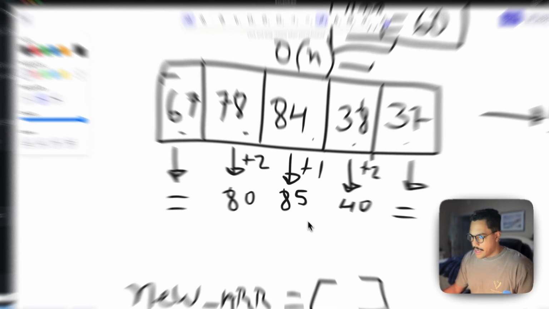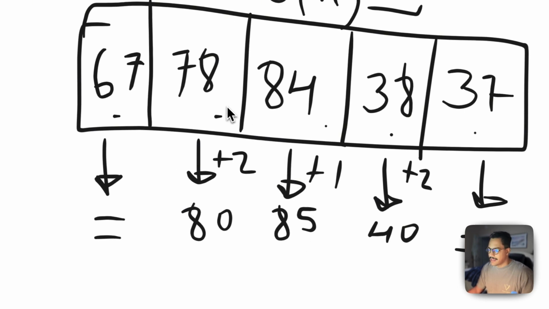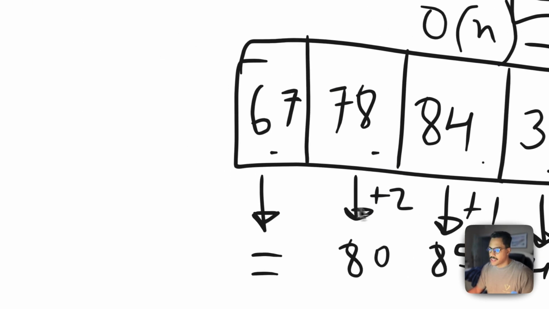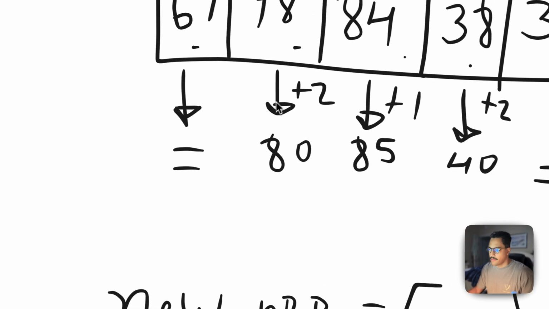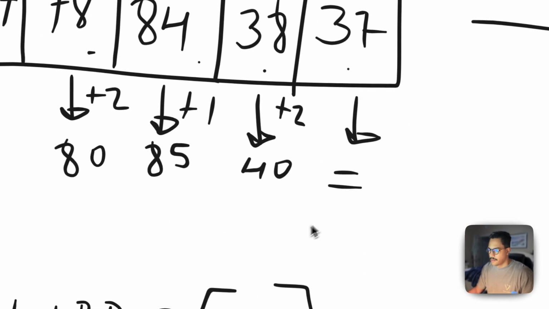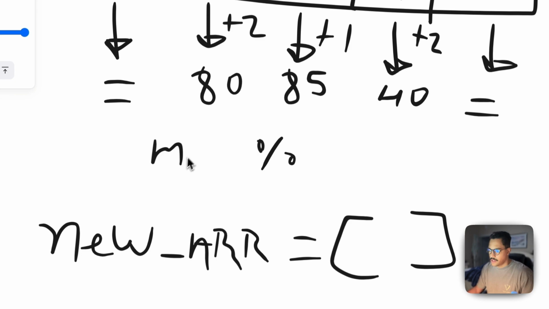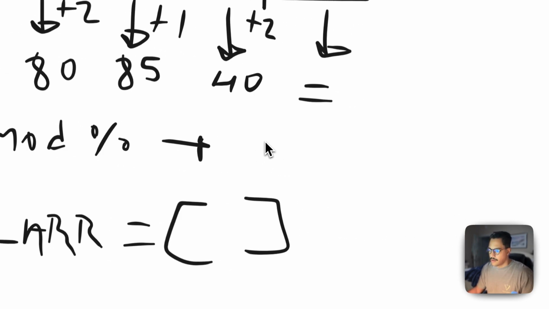So how can I... Initially I'm not getting the multiple of 5. A way to get the multiple of 5 would be using the mod operator, probably, right? Using the mod operator, I could say if it's equal to 0, then it is a multiple of 5.